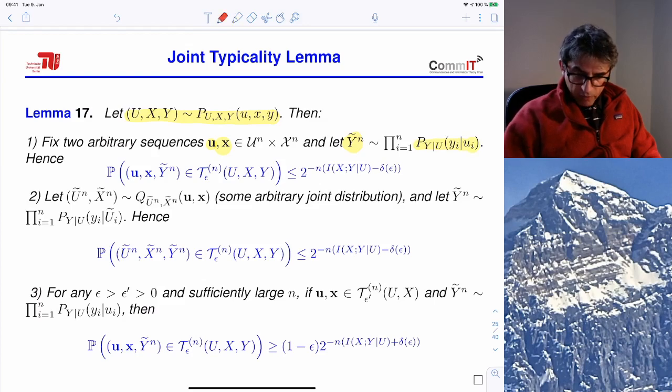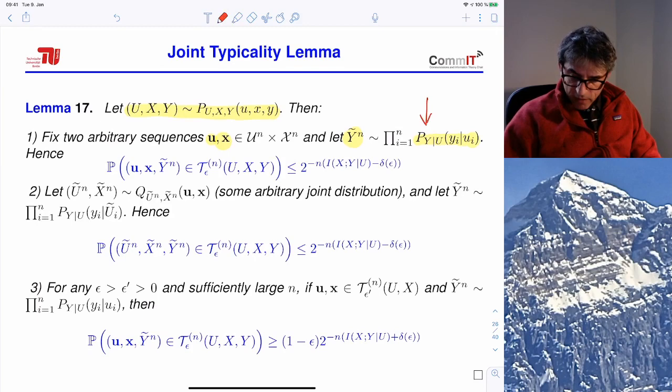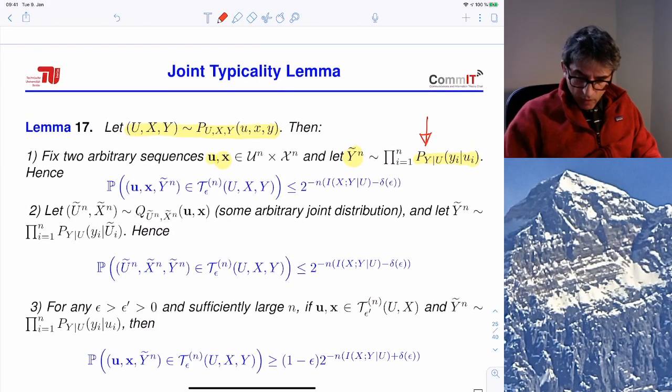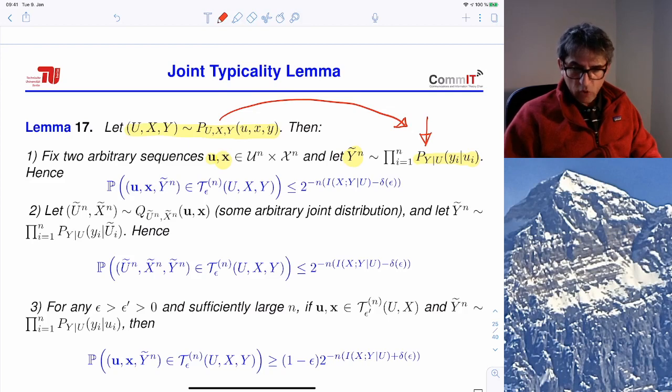So what is Y given U? Y given U is the conditional marginal distribution of Y given U obtained by marginalizing the joint P_{UXY}. In other words, from the joint distribution we can derive all other marginals and conditionals. So this is the conditional Y given U induced by the joint PMF P_{UXY}.